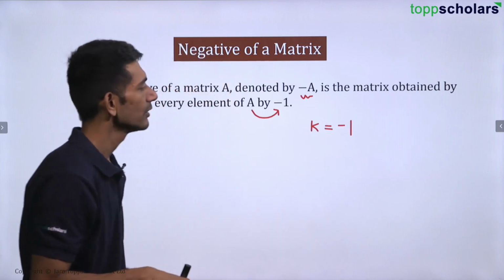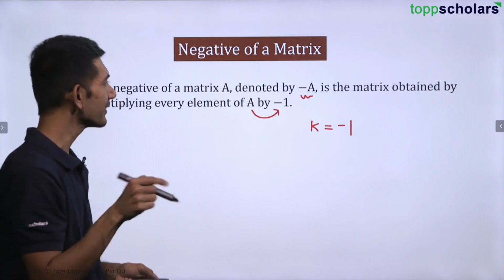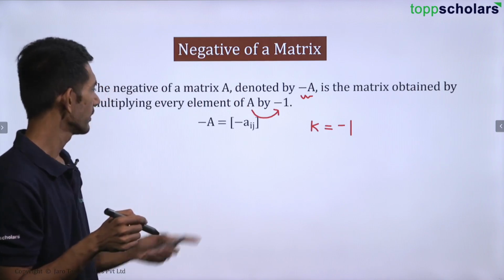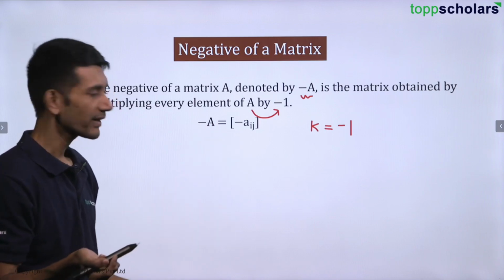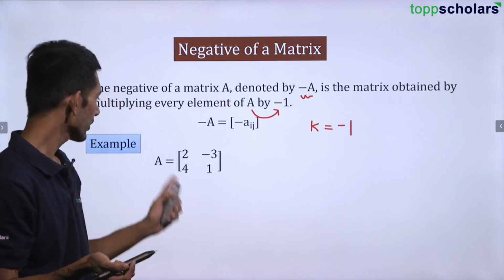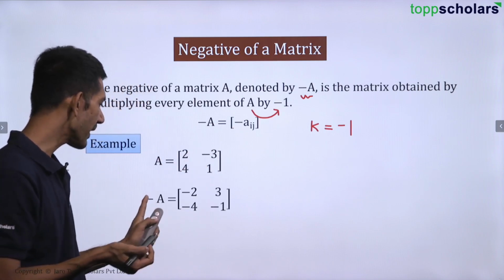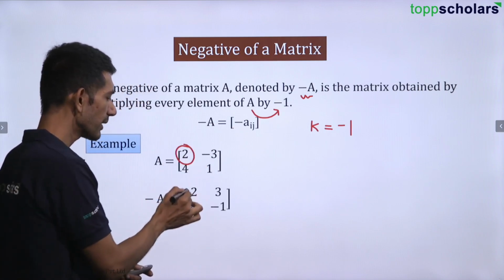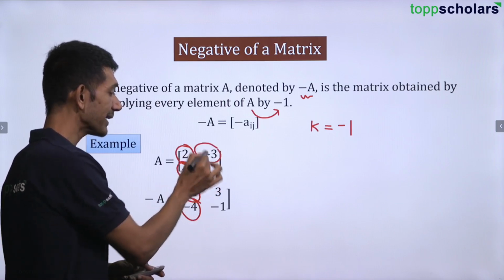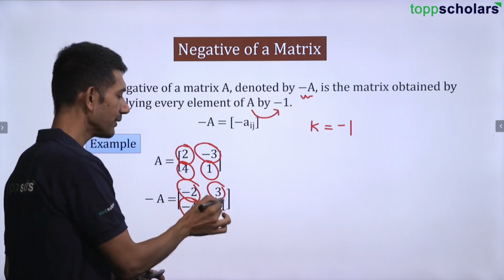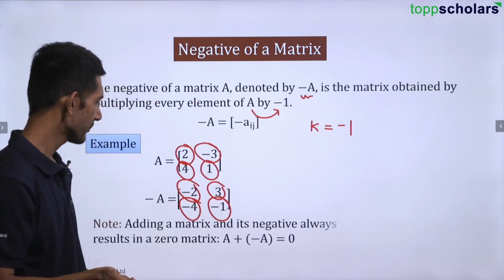So minus 1 times A is basically your negative of a matrix. Like this: A is Aij, minus A is minus of Aij. So here we have an example. A is 2, minus 3, 4, 1. Now if I need minus A, this 2 will become minus 2, 4 will become minus 4, but minus 3 will become 3 and 1 will become minus 1. I hope this is clear, simple, right?